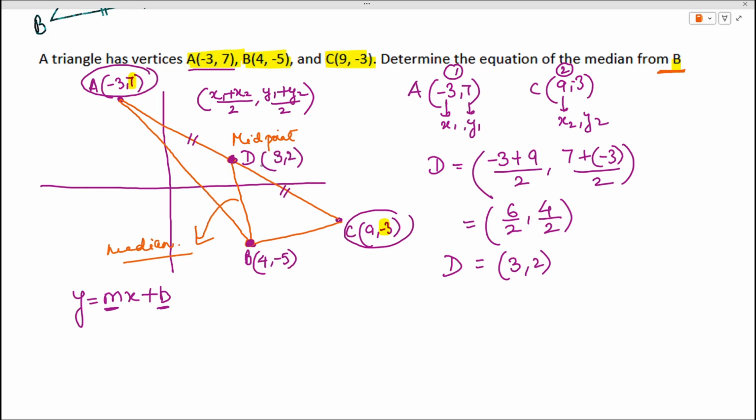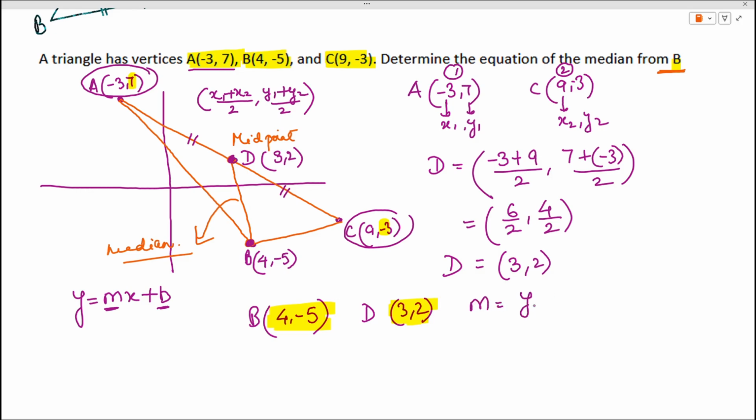Now we just have to find the equation of the line BD, for which we already know the 2 points. B is 4, negative 5, and D is 3, 2. Now, if we have been given 2 points, is it possible for us to write the equation of a line? Yes. For that, first we'll find the slope.